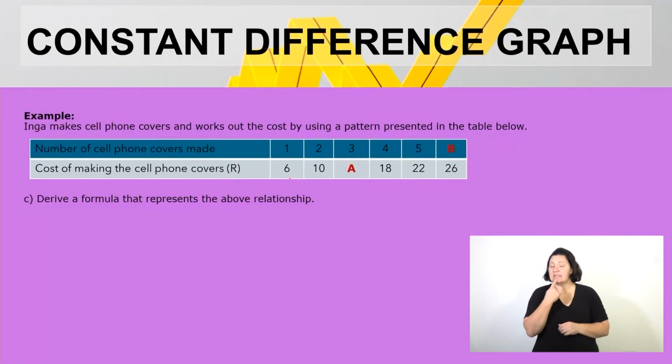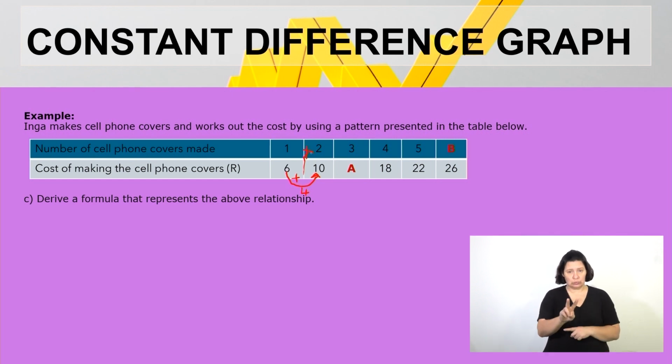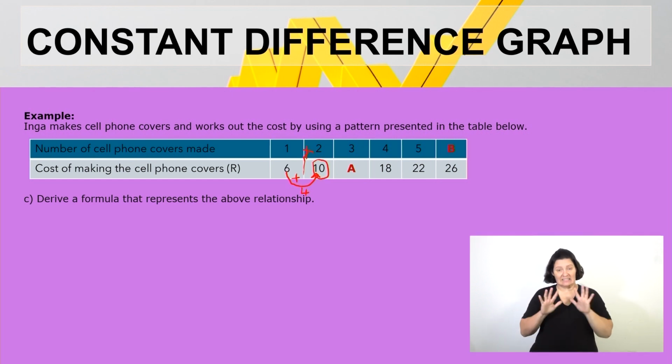Let's look at this relationship here. If we want to move from 6 to 10, we have to add 4. Or even if we say 10 Rand minus 6 Rand, we get a difference of 4 Rand. But look at this. If we say 4 Rand times 2, it is not going to give us 10 Rand.